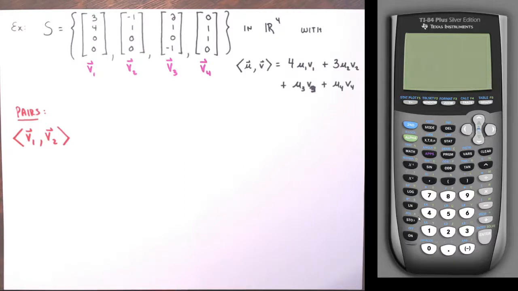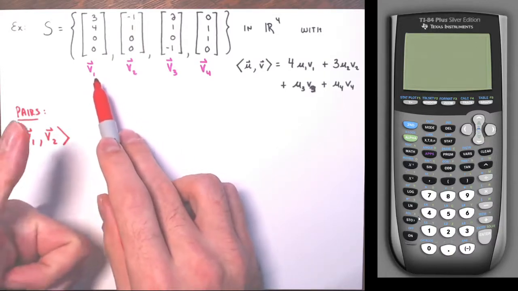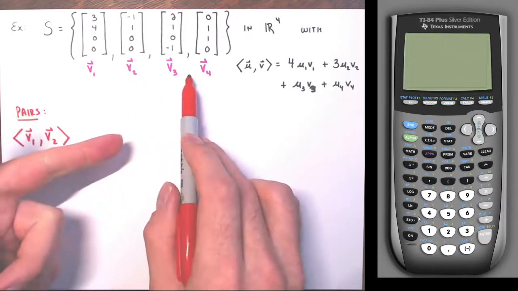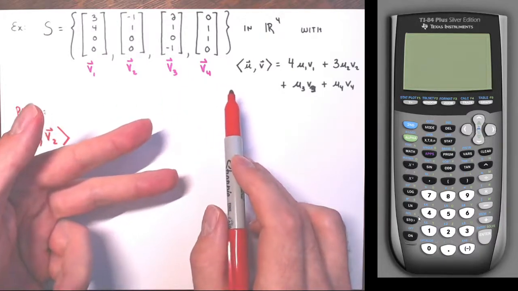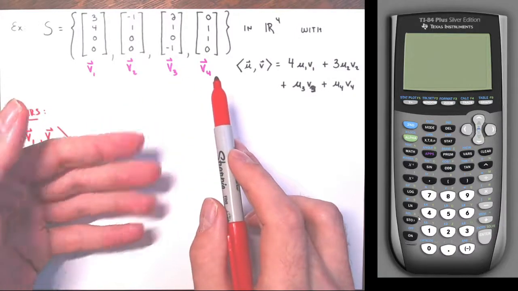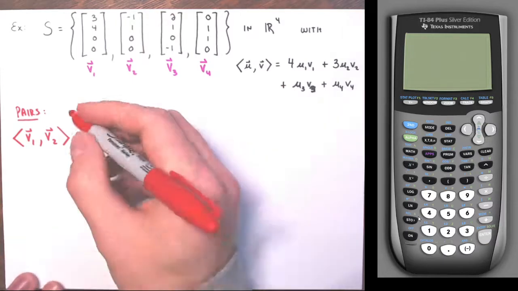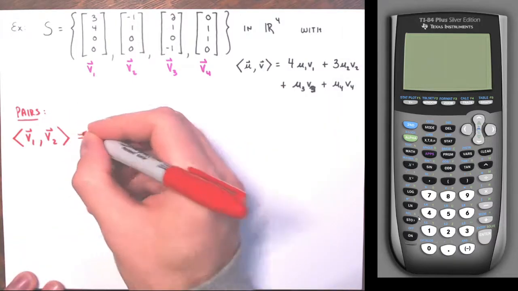Every inner product of every pair has to be 0 for the whole set to be considered orthogonal. Can you count them? I have v1 with v2, v1 with v3, v1 with v4, then v2 with v3, v2 with v4, and v3 with v4. There'd be 6 pairs that I would have to check if they all end up being 0.